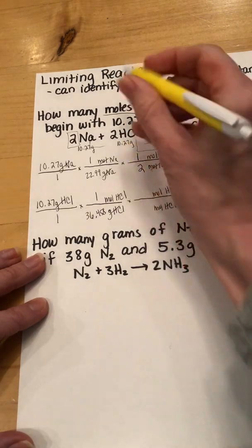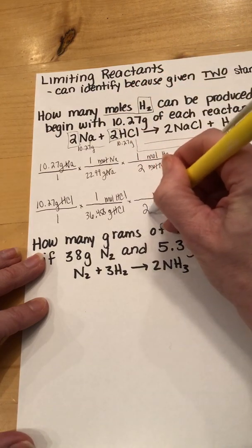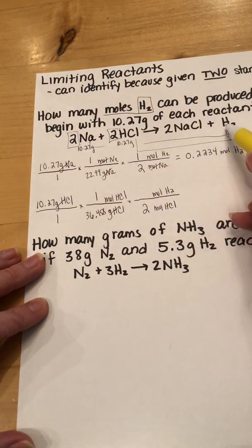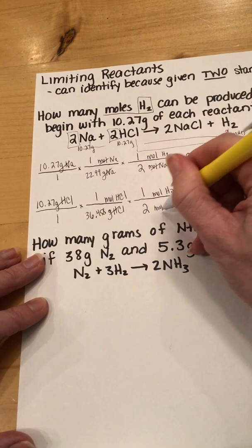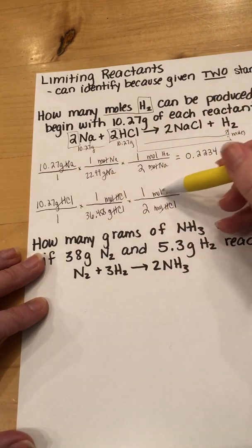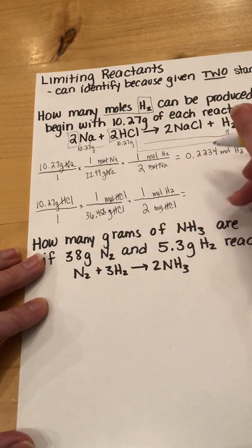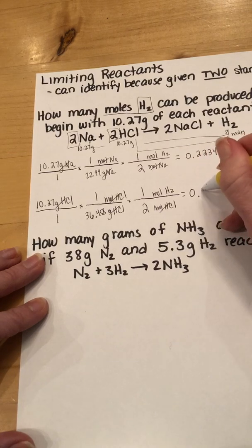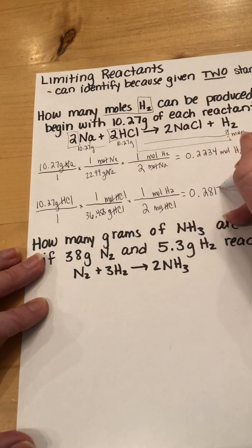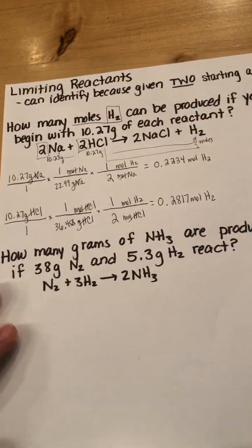HCl, if I find it, has a coefficient of 2, and hydrogen has a coefficient of 1. And the problem just wants me to end in moles of H2. So if I go ahead and do that, I should get 0.2817 moles of H2.